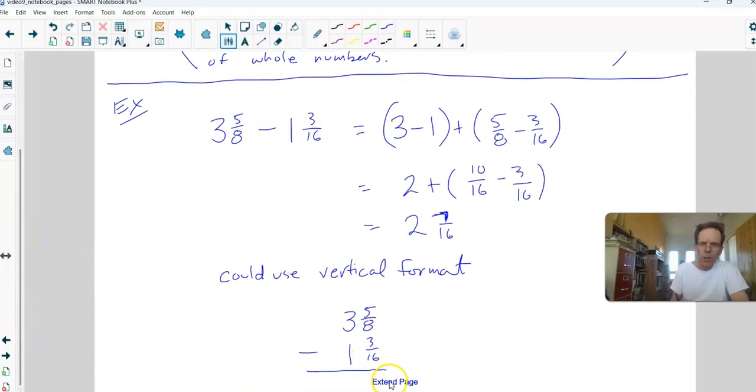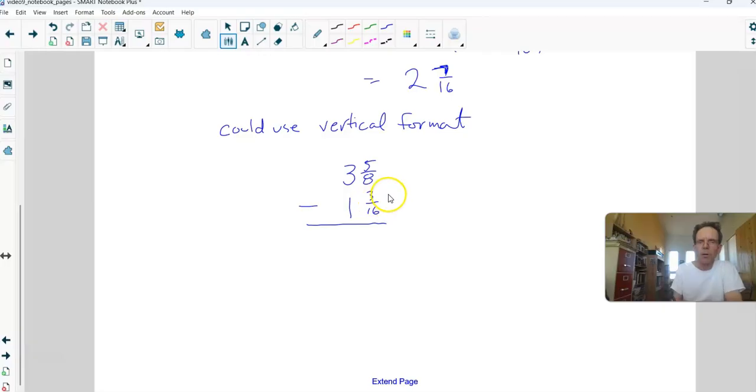We could also, and this is very convenient, use a vertical format. I'd like you to see how this goes. So you put the numbers over one another. The whole number parts are over themselves, and the fractional parts are over themselves. We still need to get, of course, a common denominator, but for the fraction part, just next to it, write the equivalent fraction with the right denominator.